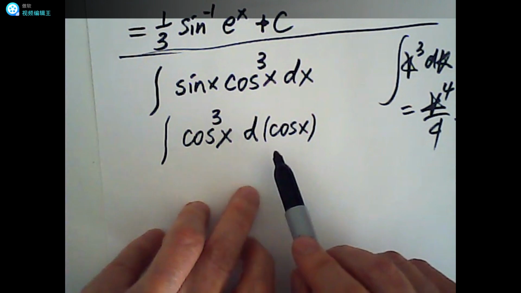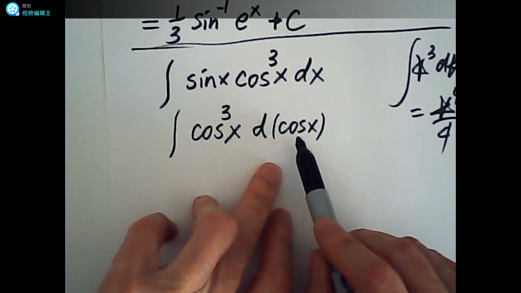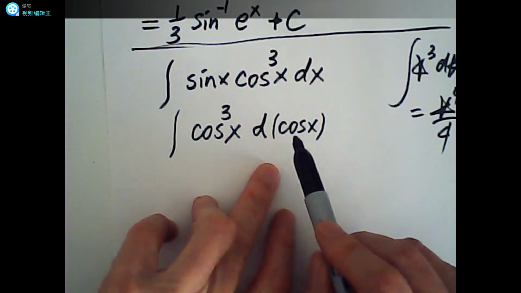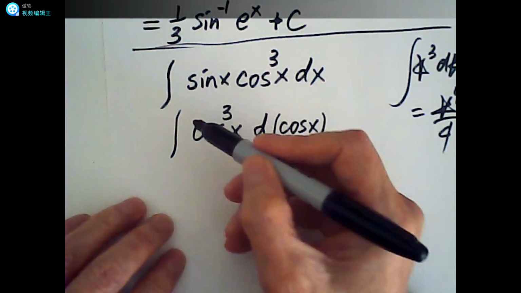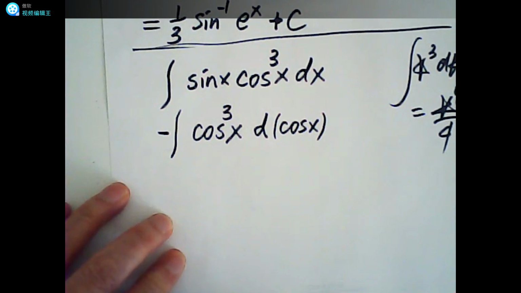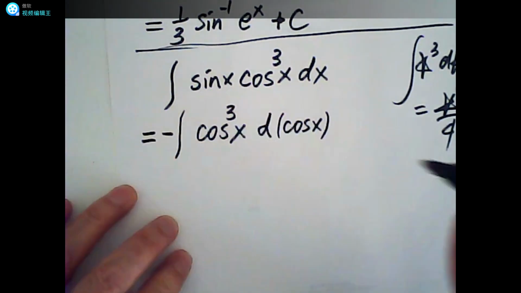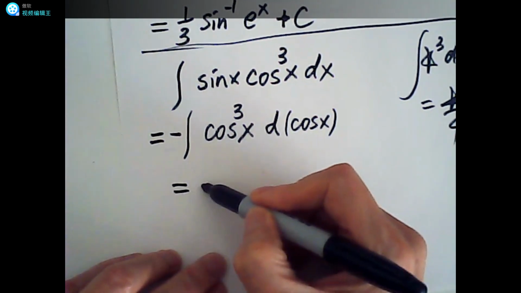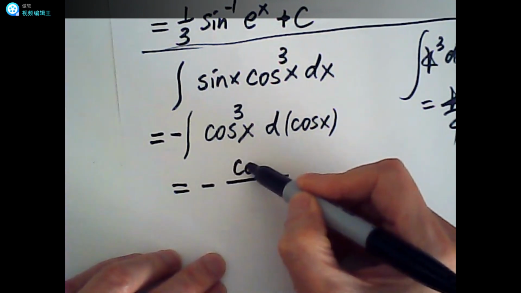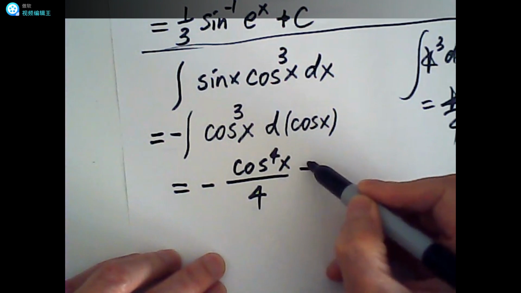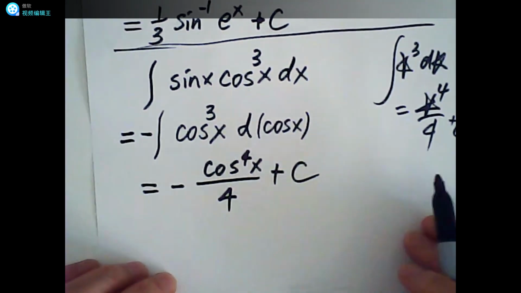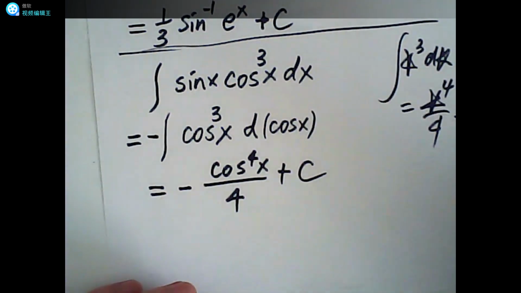When you consider this carefully, this is a negative sine x dx. I have a positive sine x dx, so I put a negative here. Then they're equal. So this is negative cosine fourth x over 4. That's done. It's a nice way, straightforward.